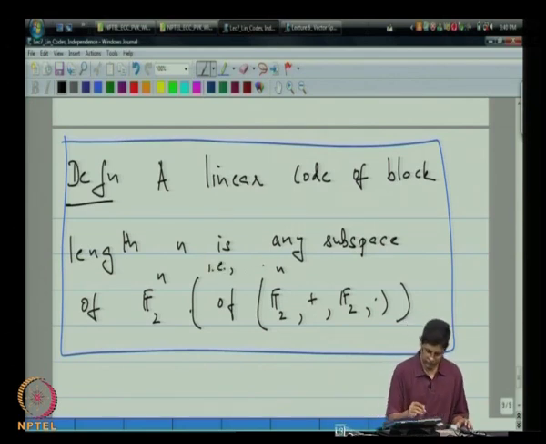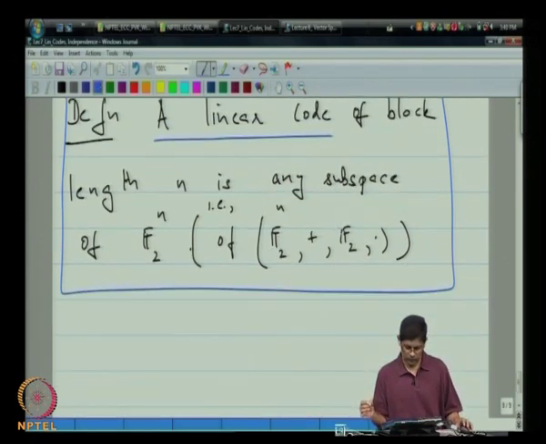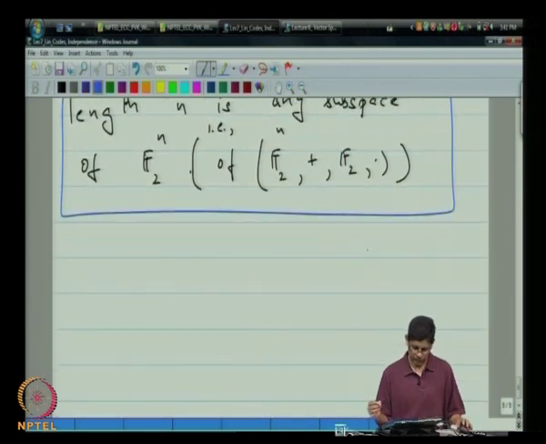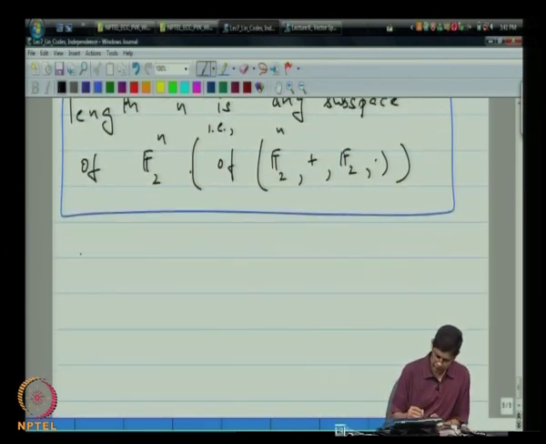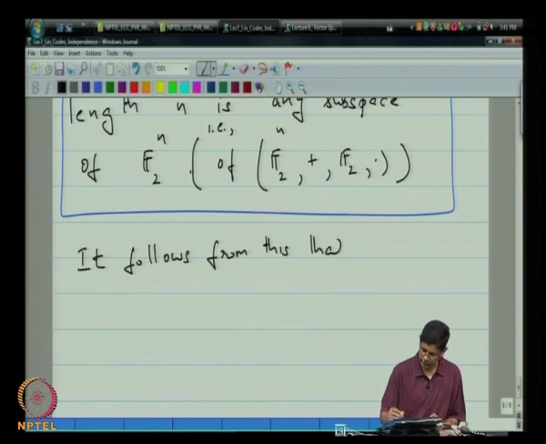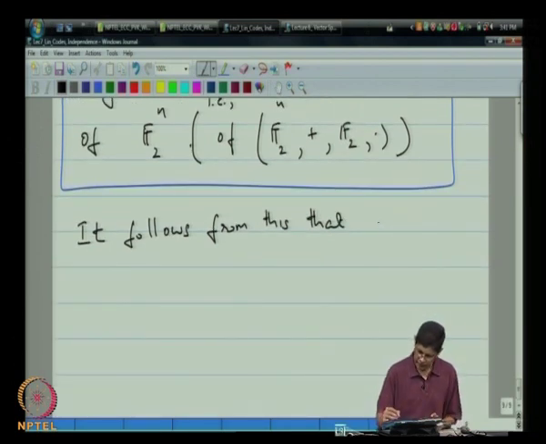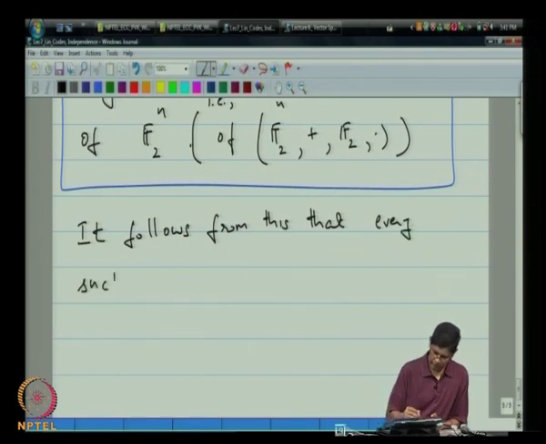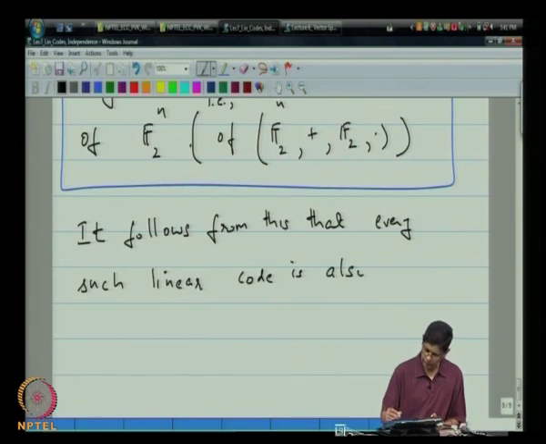All right. It follows from this that every linear code is also a subgroup.